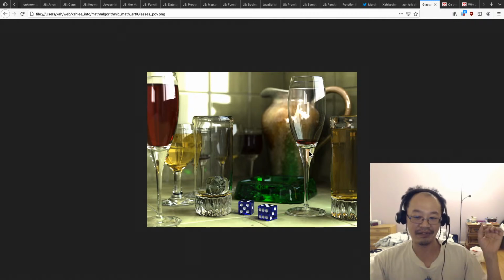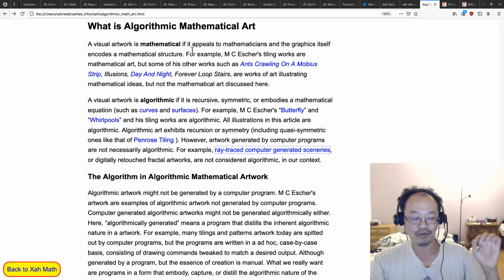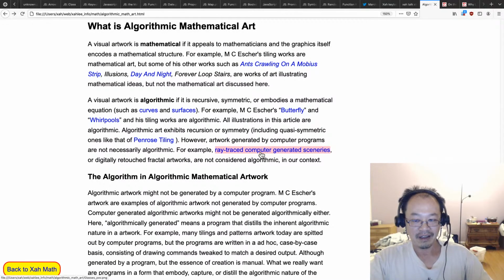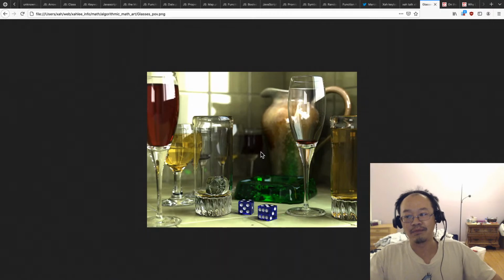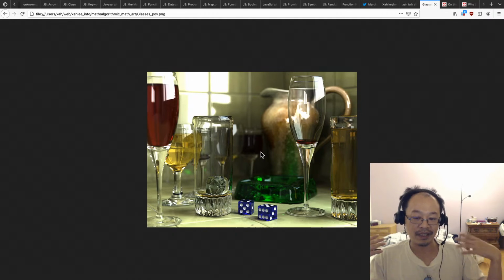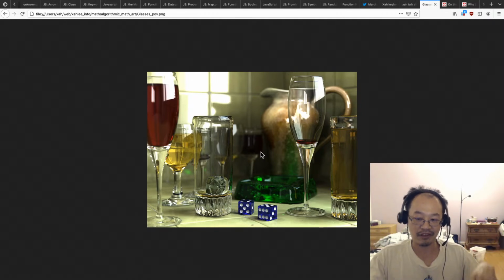I defined what is algorithmic artwork here, if you read the detail. So this is not. Some image created algorithmically does not, by my definition, qualify as algorithmic art.